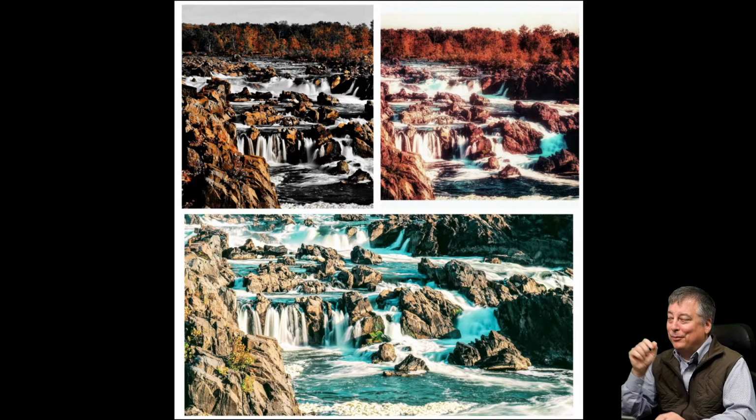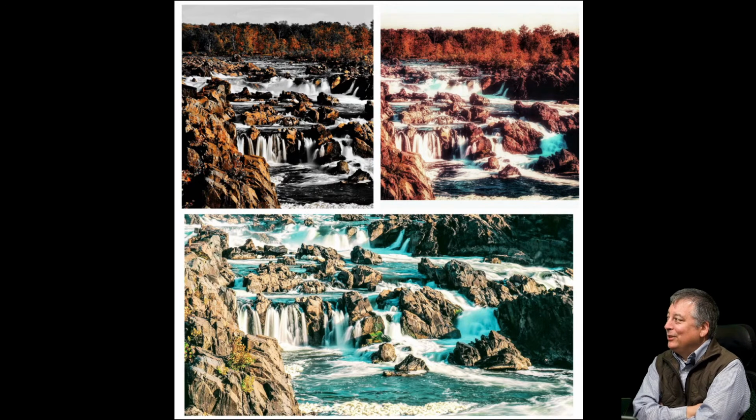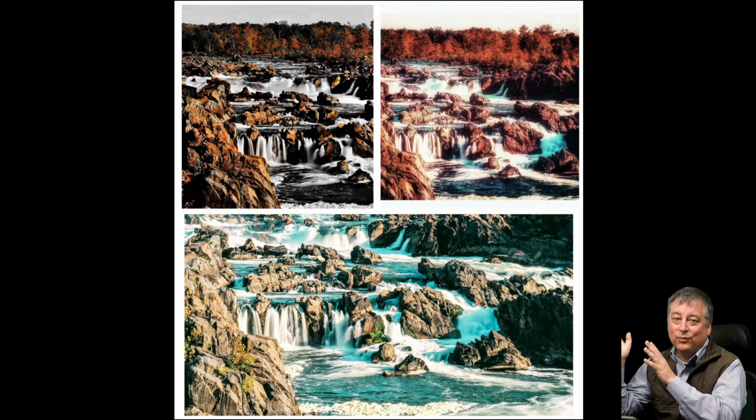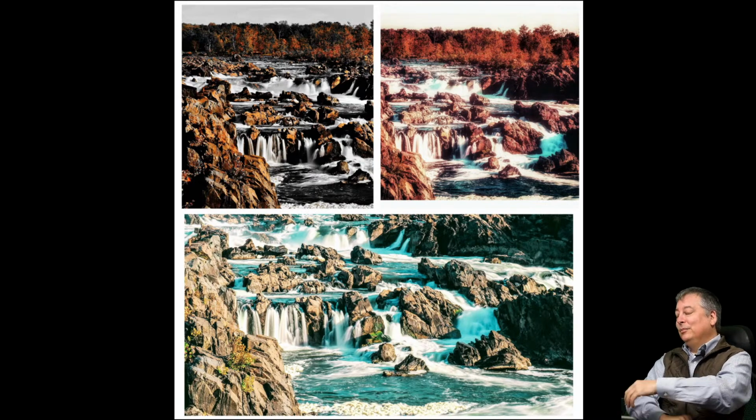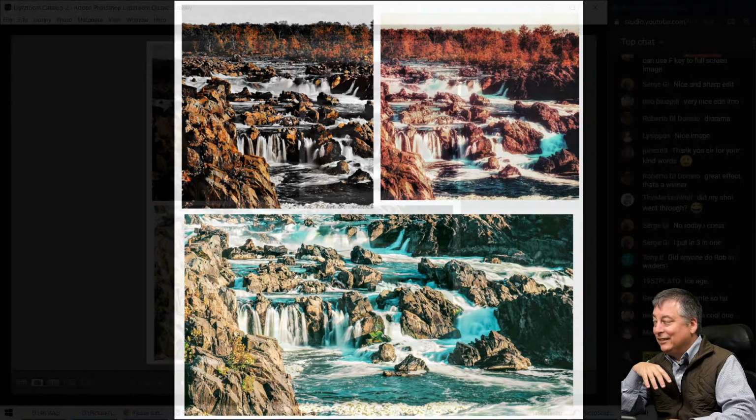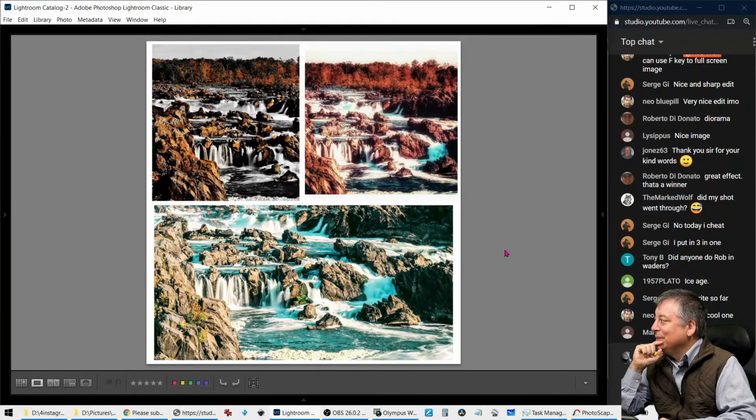I don't know why square crops are working for me today. But square crop and this very surreal, kind of like if Mars had water, this is what it would look like, right? I mean, Mars has water, obviously, but it's all frozen. But if the waters of Mars, not to steal a Doctor Who thing, but the waters of Mars, this would be the image. All right, that's cool, Surge. Awesome.